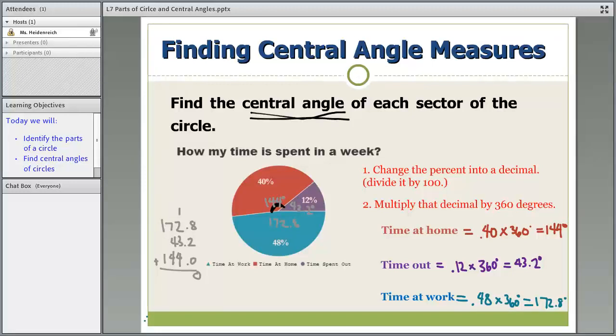And 1 plus 2 is 3, plus 3 is 6, plus 4 is another 10. And then we've got 8, 9, 16, and 1, 2, 3, 360 degrees for the total circle. So we must have done something right.